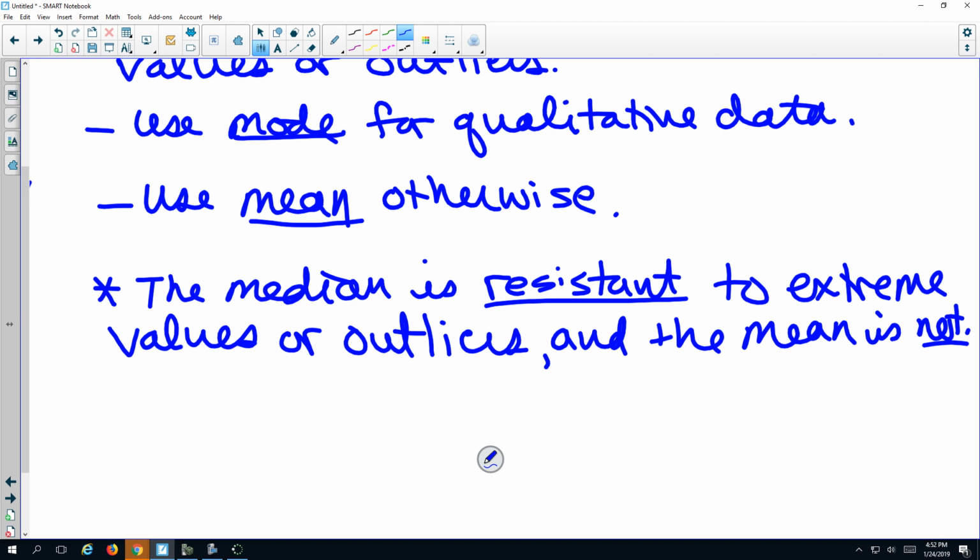The mean is very susceptible to those extreme values. So we have this word called resistant. And there are other things we can calculate that are resistant, but the first one we've learned is the median. So we like the median because of this.